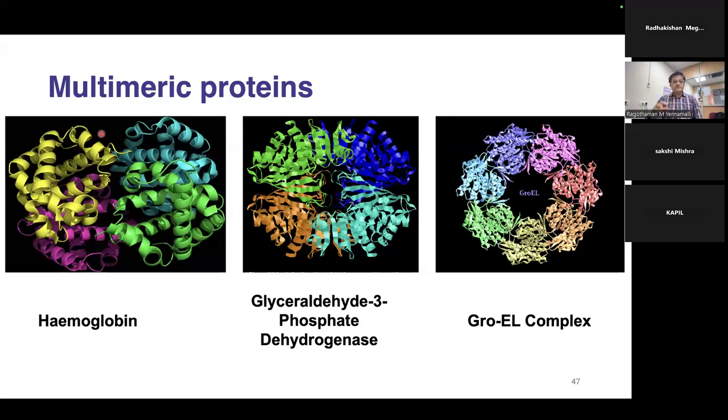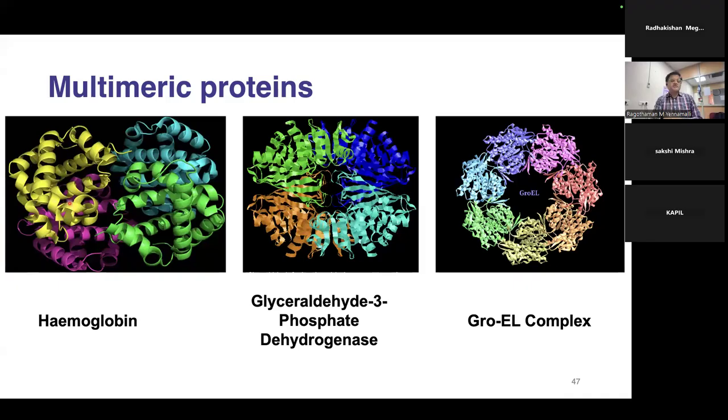Multimeric proteins are made up of the quaternary structure, which is from secondary structure folding on themselves. Their architecture dictates how the structure will be, and then it ends up binding to something else. In this case, hemoglobin is a heterodimer, meaning the cyan and the green are the same copies of the B chain, and together they form a heterodimer.